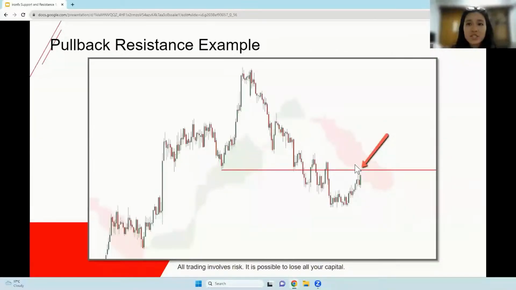And you can see that it actually did. Price has reached the pullback resistance level just as we expected. Once it reaches and reverses off of it, it will be called a resistance overlap resistance level, which I'm going to get into in a little bit.